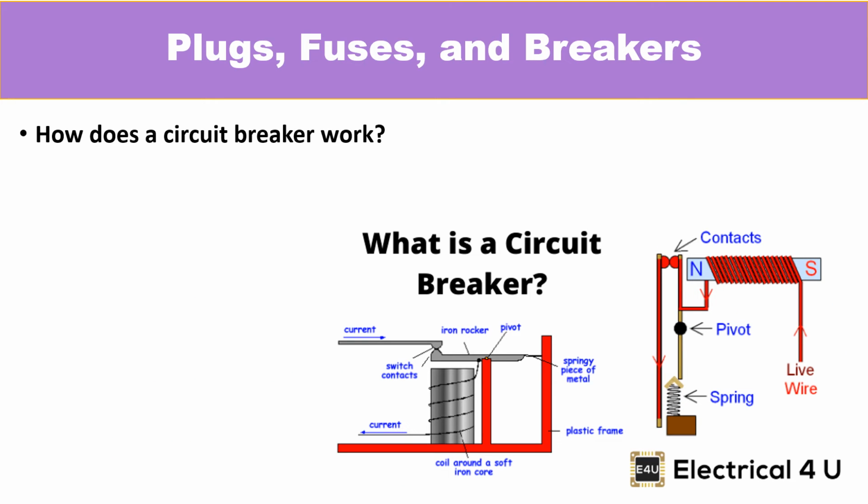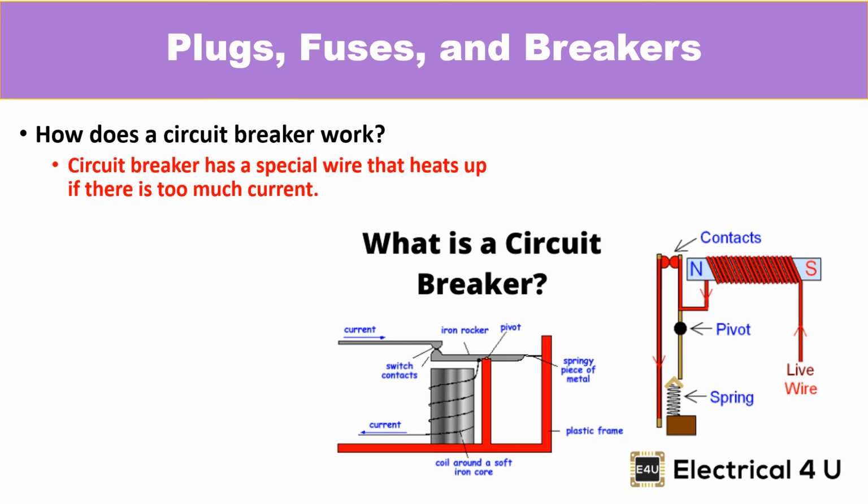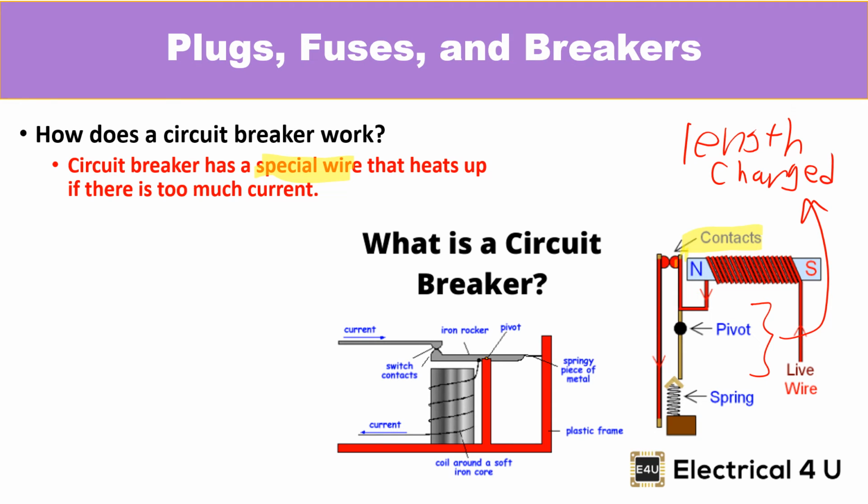Most of the time, a circuit breaker is what people have because with a fuse, you need to replace it every single time there's melting going on. A circuit breaker has a special wire that heats up if there's too much current. This special wire is actually connected to a button system, if you will. If there's a lot of heat, the length changes. It's kind of like this.